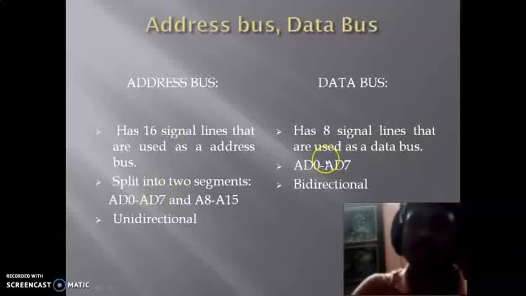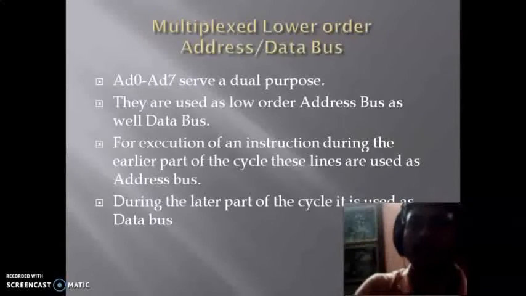So this is the address and data bus by which the addressing can be made, and the data can be transmitted to the peripheral device or memory device, and data can be received from a peripheral device or a memory device.